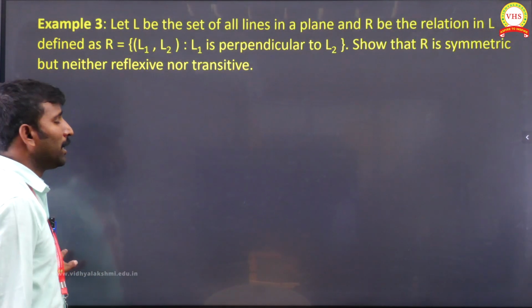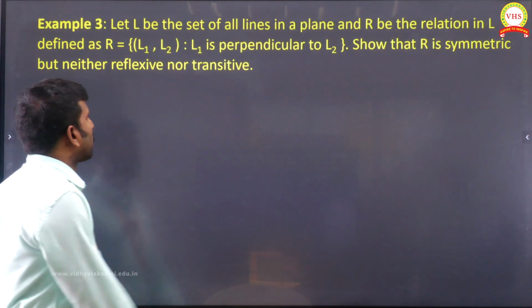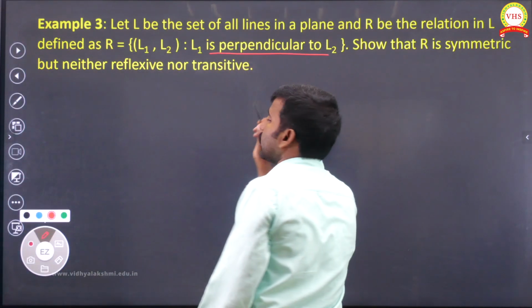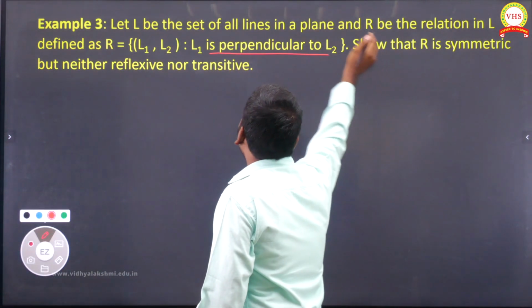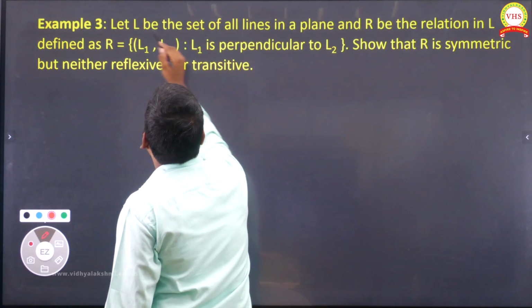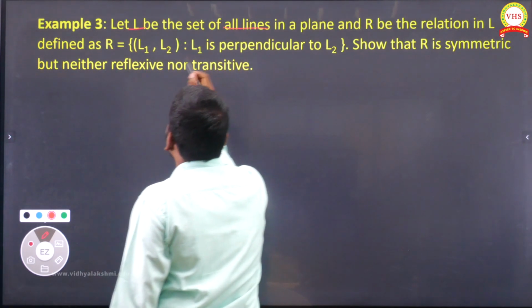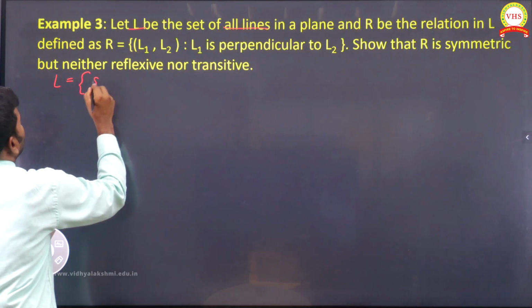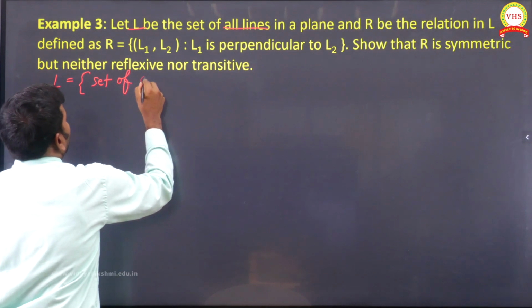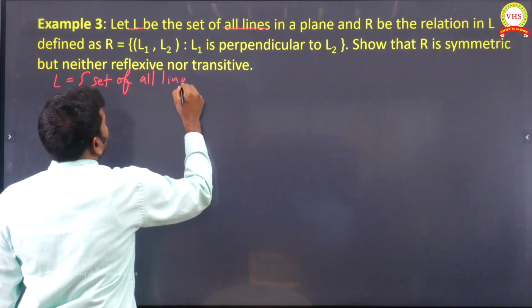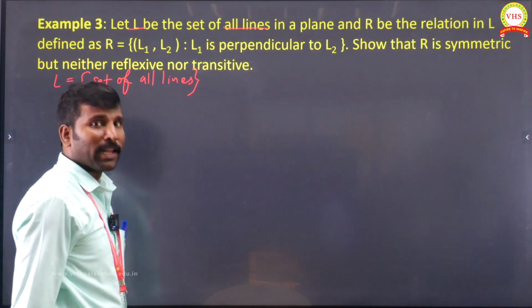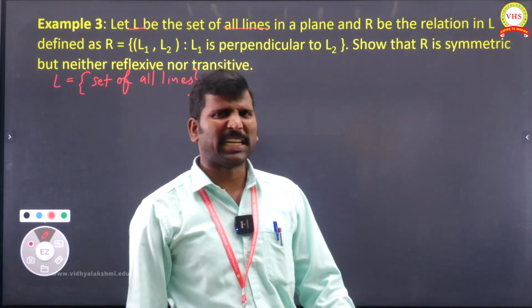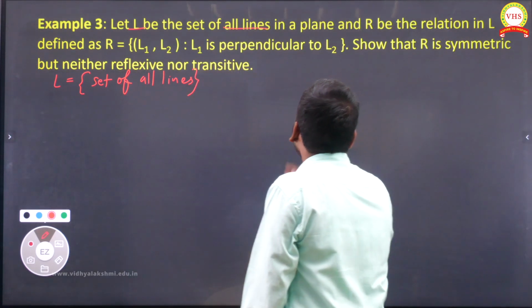Example number 3. See, in example 2, we saw that two triangles are congruent. Here, L is the set of all lines. So instead of triangles, they have given the set of all lines. It can be a parallel line, perpendicular line, intersecting line, skew line, anything in the plane.